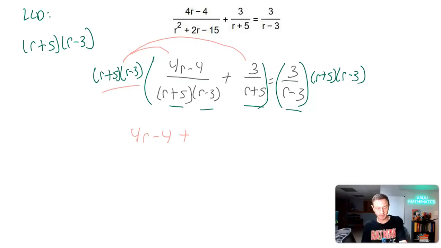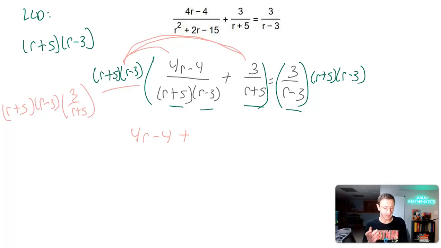Plus, and then I still have to multiply this to here. So this is going to be r plus 5 times r minus 3 times 3 over r plus 5. And the whole reason why I multiply by an LCD is to have the denominator simplify out, cancel out. So that means now I'm left with 3 times r minus 3 equals, and then on the right side, the r minus 3's cancel out, leaving us with 3 times r plus 5.